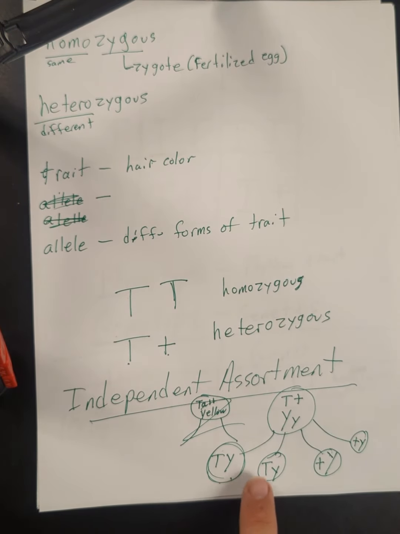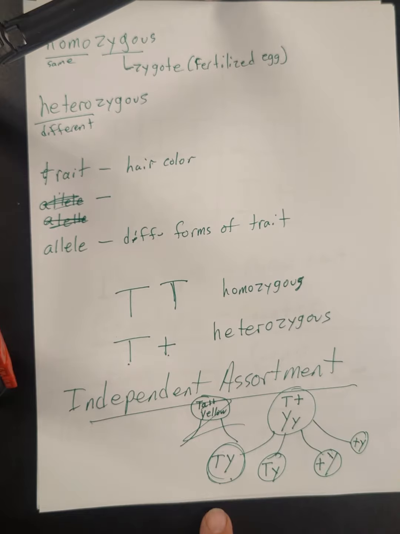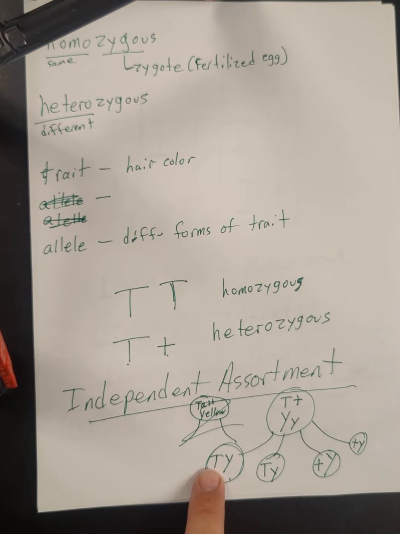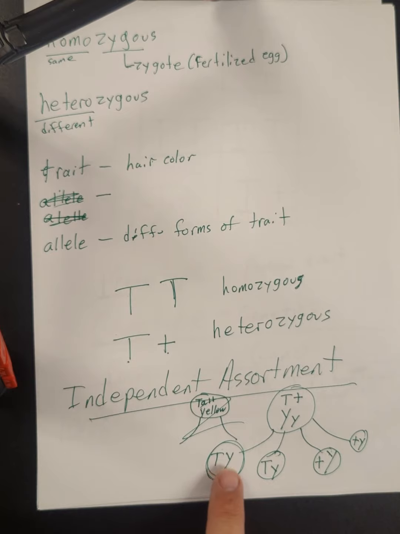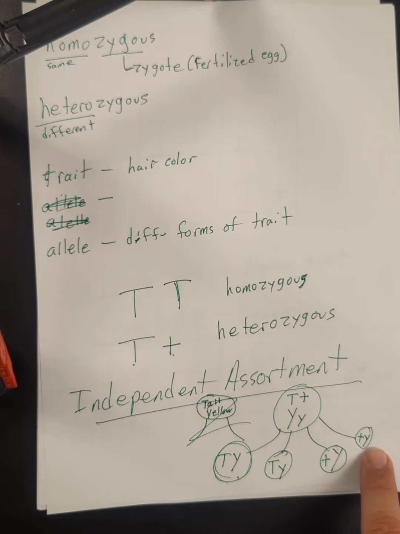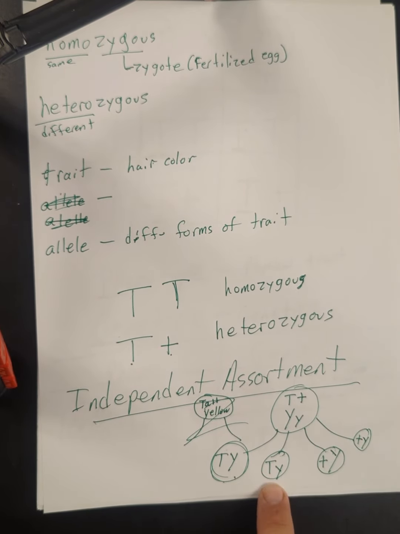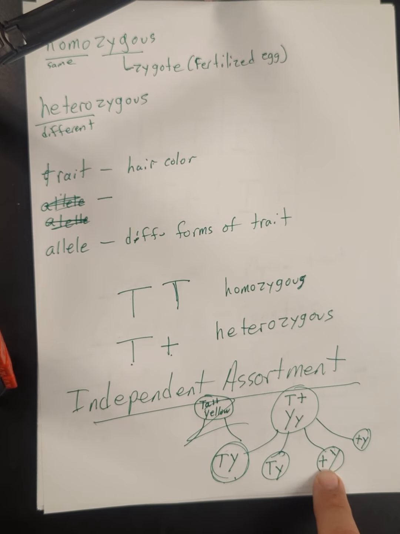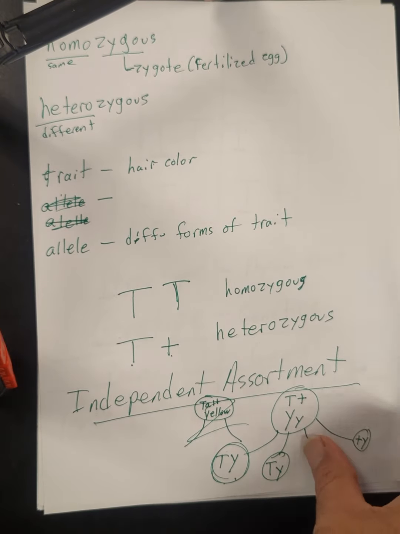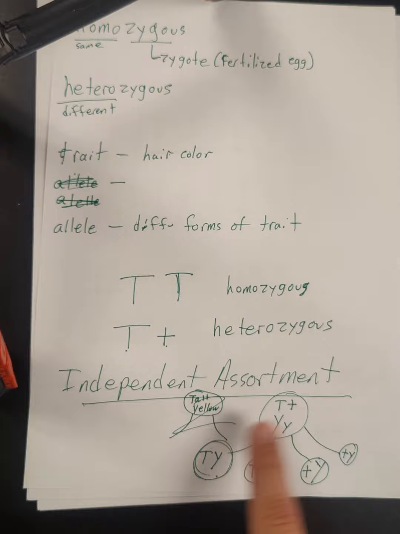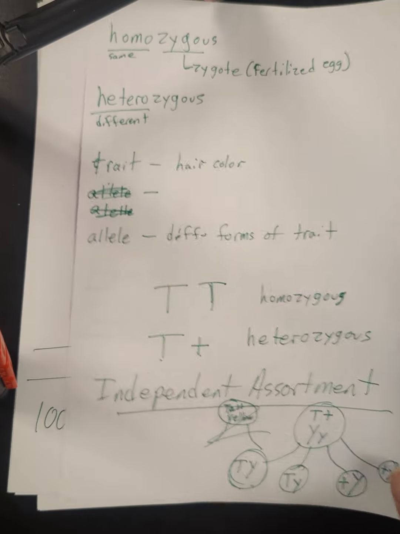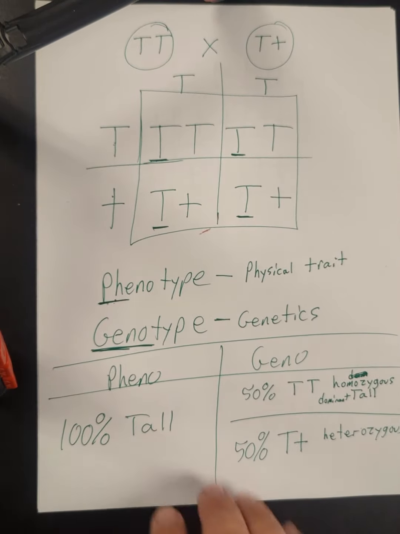And so the possible outcome, the possible seeds from this cell, or the possible gametes from this cell, might have two dominant traits, or the two recessive traits, or dominant for tall and recessive for color, and recessive for tall and dominant for color. Okay, so they're independent of each other.